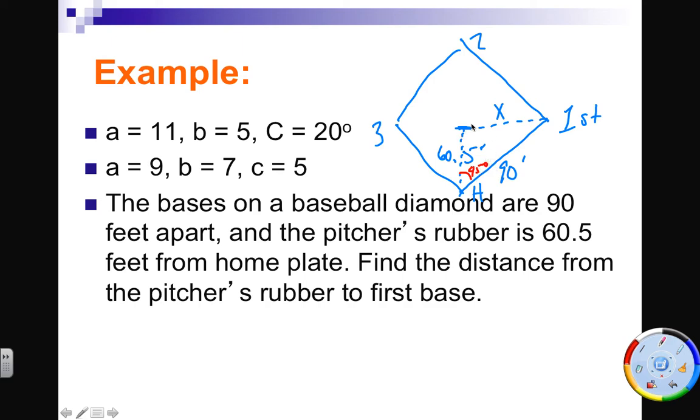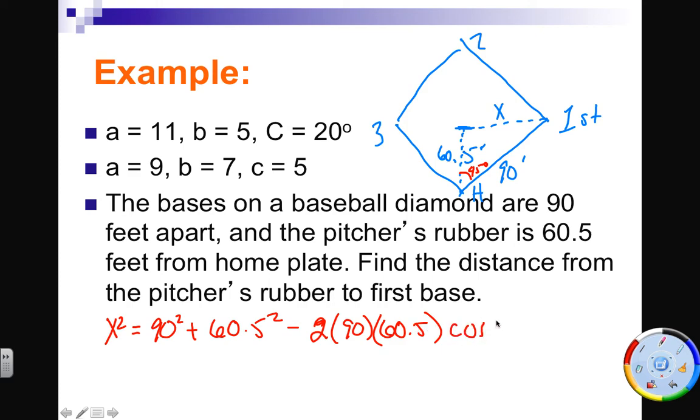Be very careful that this is not 90 also. The home base, or the pitcher's mound, is not 90. So now I'm given enough stuff so I can say x squared equals what? 90 squared plus 60.5 squared minus 2 times 90 times 60.5 times the cosine of 45 degrees.